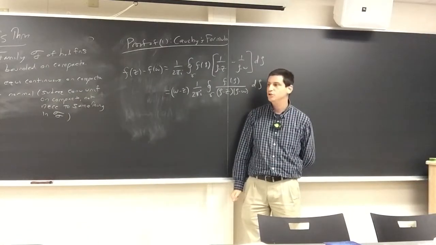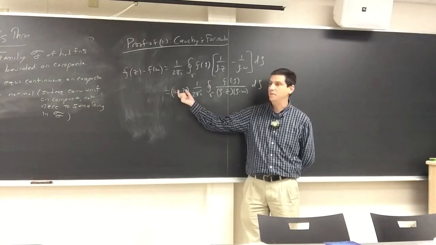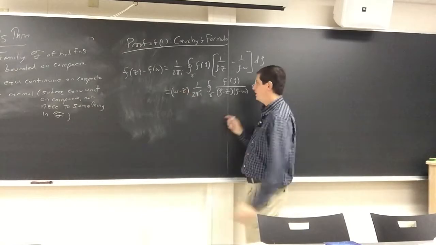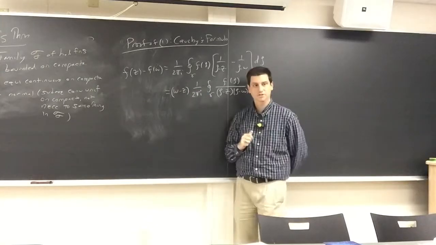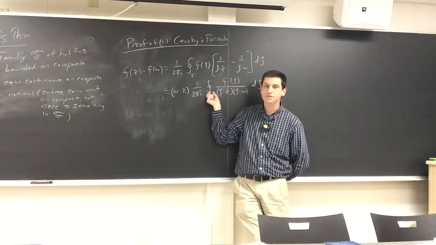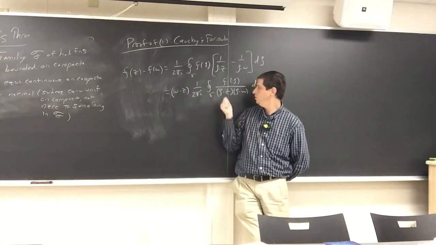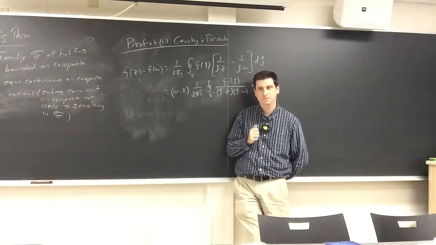And now if I want to show that this is small, if w is close to z, I'm going to be small because of this. All I have to do is show that this part can't be too large. F is bounded. And so as long as I integrate over a sufficiently small region, this is going to be okay. Well, we've got to be careful. What's the danger here?